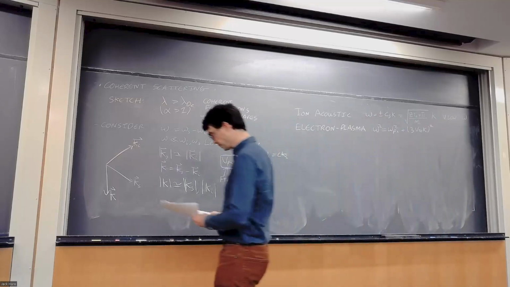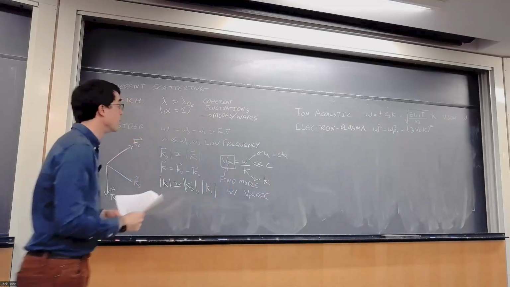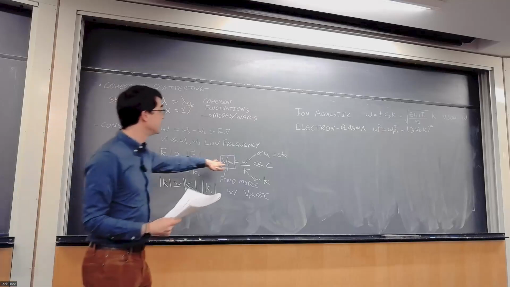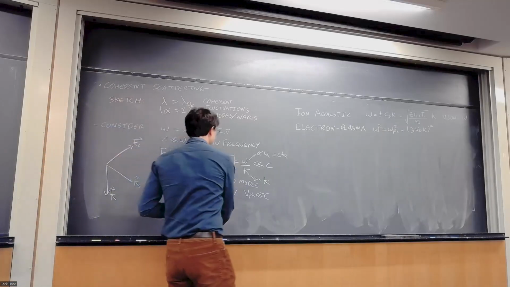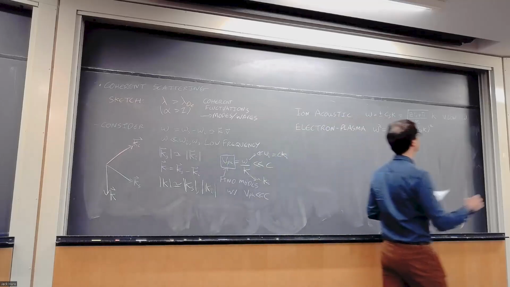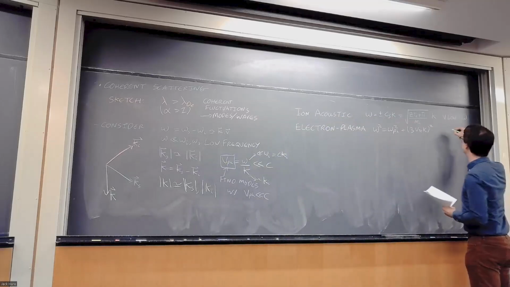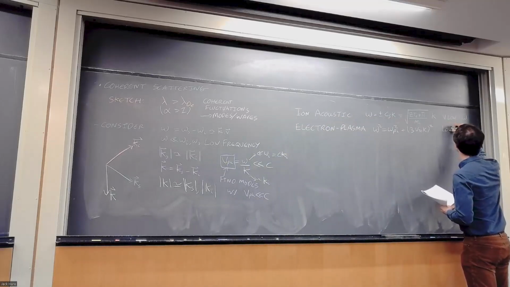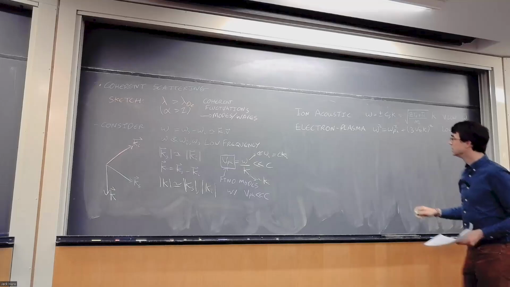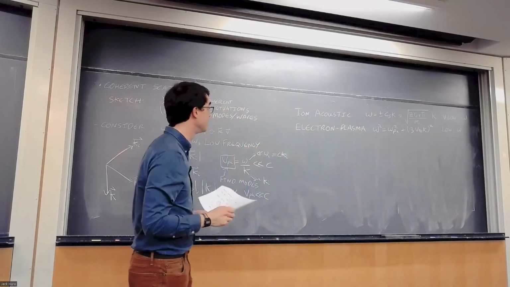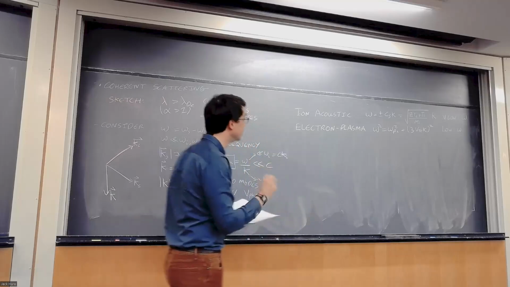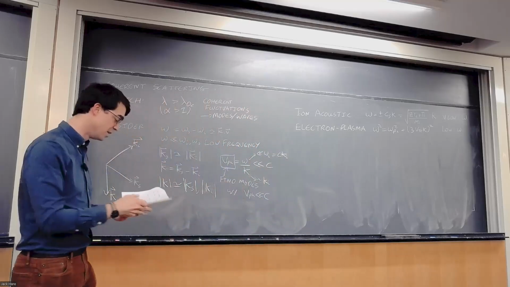Okay. And we could go and work out the phase velocity for these. It's a little bit more difficult, but we'll find out that these do have a low phase velocity, but it's not quite as low as the acoustic waves. So these are just the low frequency waves. So if we're scattering off the acoustic waves, we expect to see small frequency shifts. If we're scattering off the electron plasma waves, we expect to see slightly larger frequency shifts.